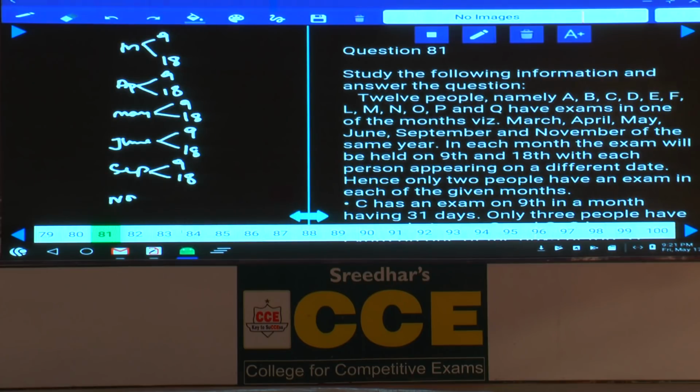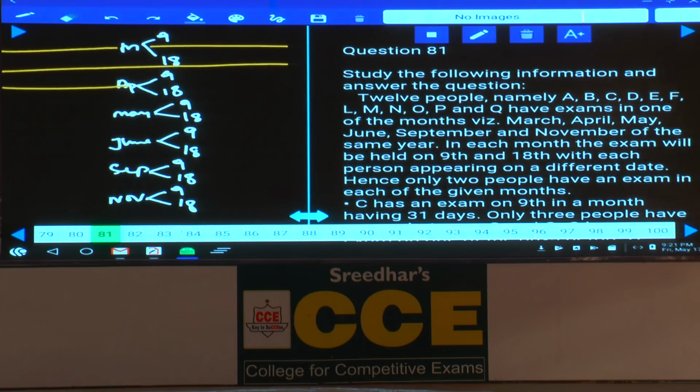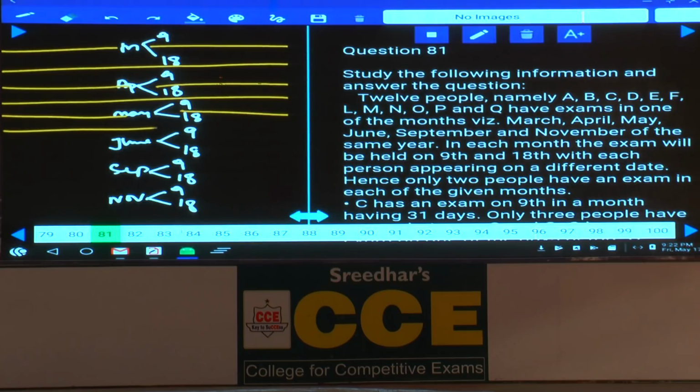Finally November 9 and November 18. Done with this? Now this is the information we have, and in total 12 persons have their exam in 6 different months, but on 2 different dates.